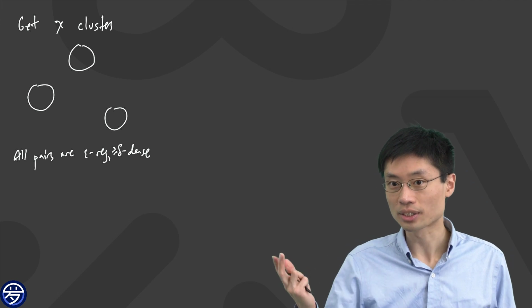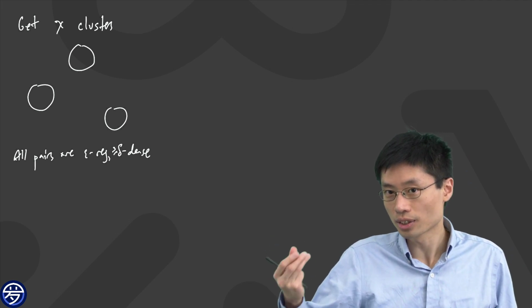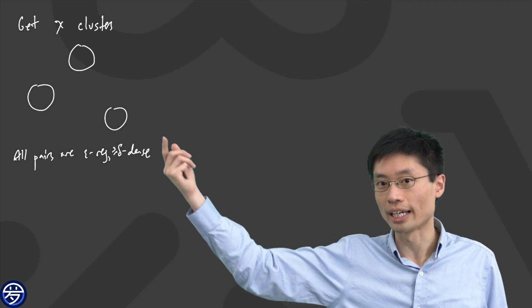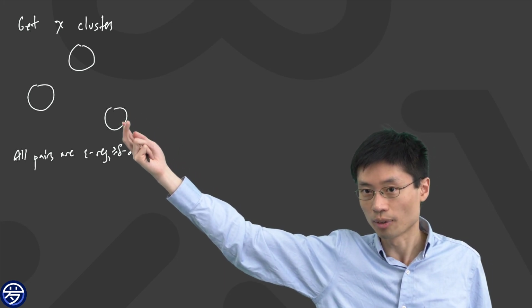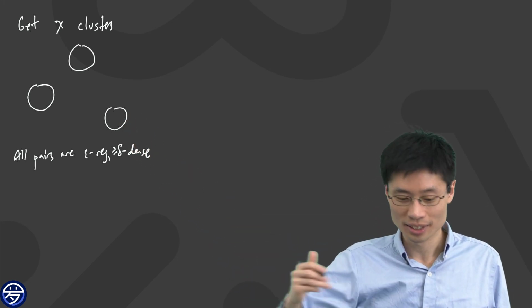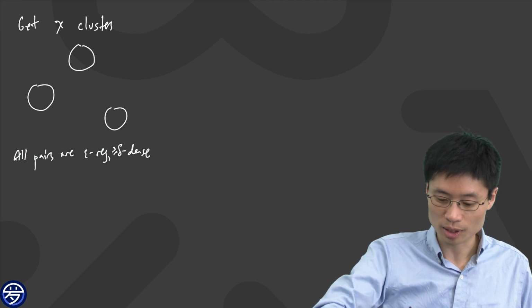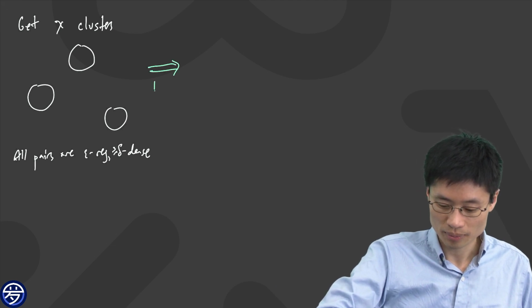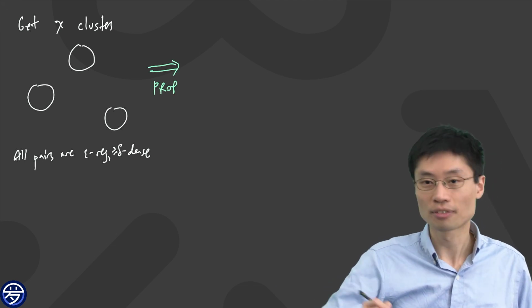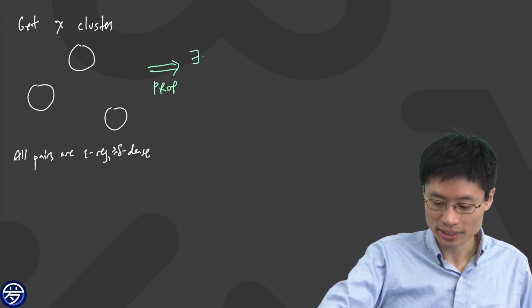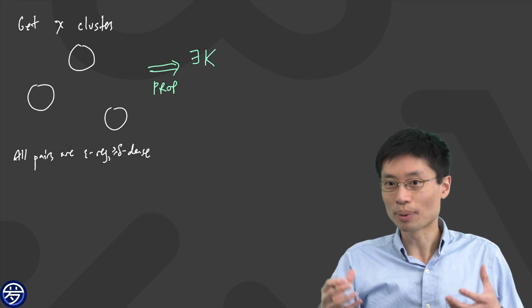Now, once I have this picture, this tells me that under certain conditions, I can actually get a large, complete multipartite graph. So then what we do with this is we use the previous proposition to find that there exists a K big, big, big, big, big.